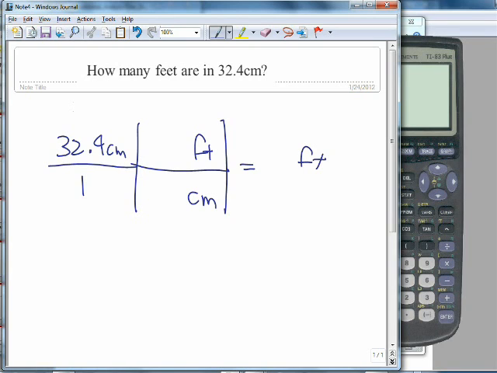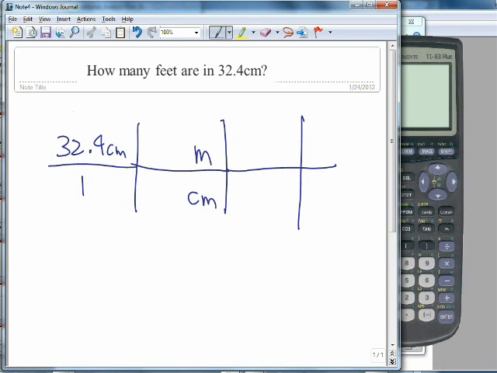Well, I'm going to do this a little differently because I don't exactly know the feet to centimeter conversion factor, but I do know feet to meters, and I do know centimeter to meter. So I'm going to make this a little different. That means I'm going to have to add a little more railroad tracks, and that's okay. We add as many as we want and as many as we can if we have valid conversion factors.